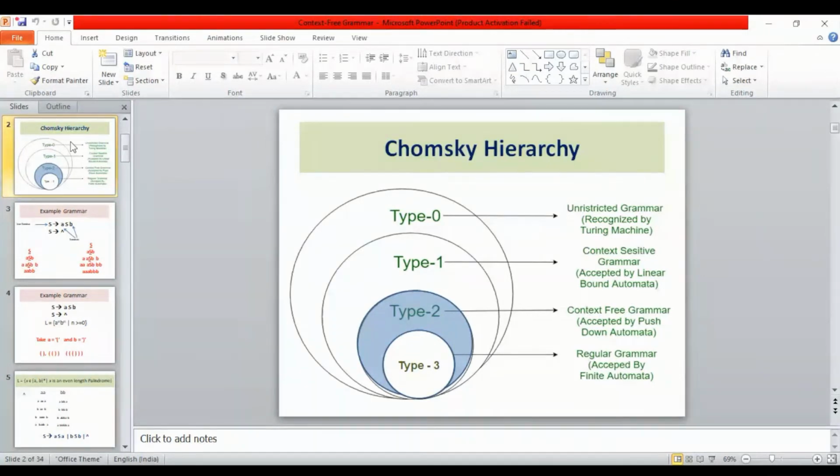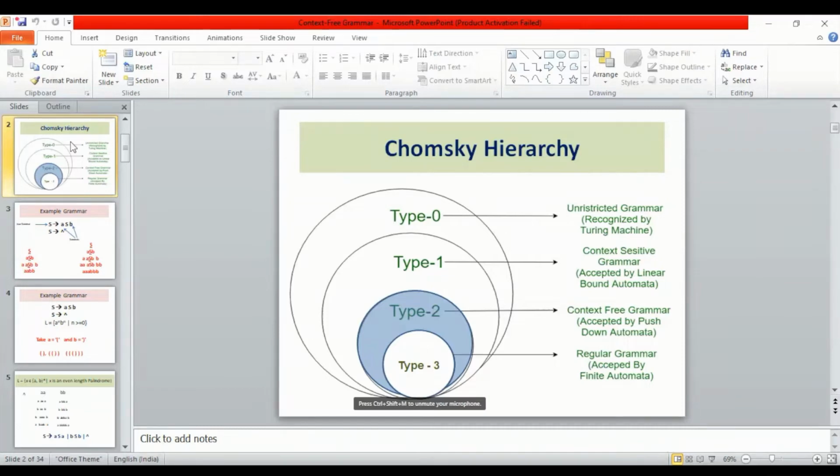So the automata associated with context-free grammar is the push-down automata. Type 1 grammar, a context-sensitive grammar, is associated with a linear bounded automata. And type 0, which is known as unrestricted grammar, is associated with a Turing machine.